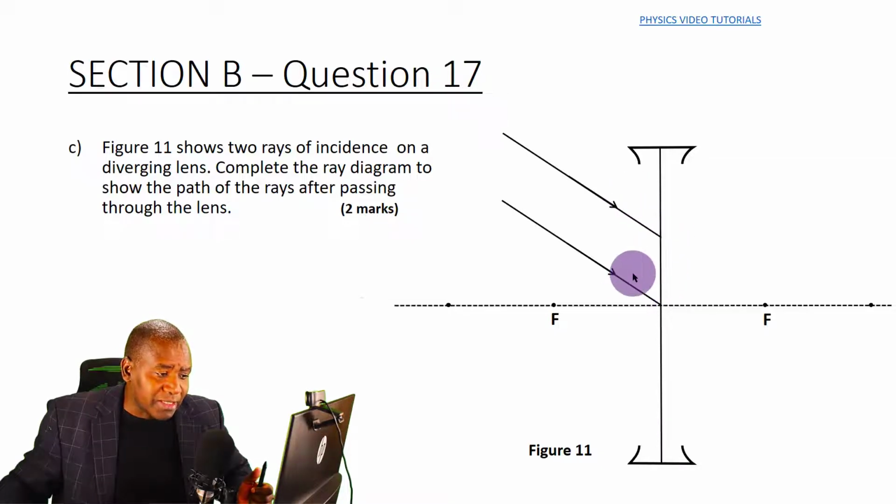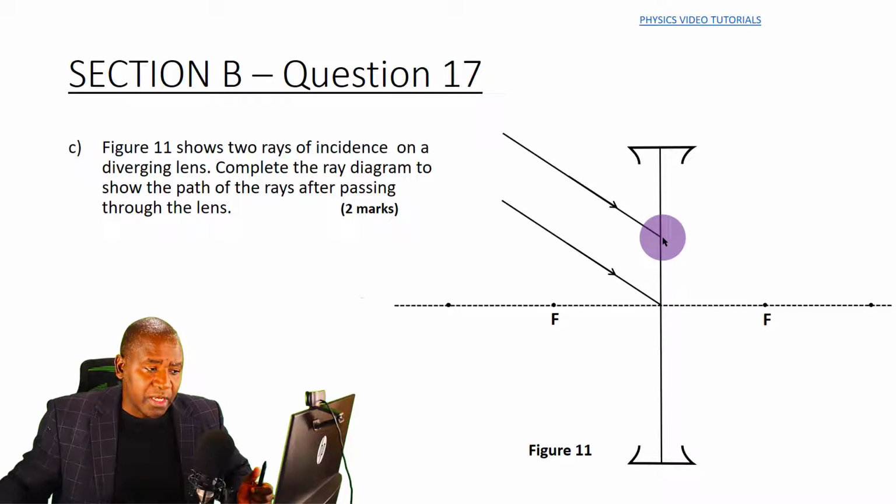First of all, let's agree that this one will pass on undeviated. It will not bend at all. It will just pass on straight. But this one, since it appears to pass through F, it will be refracted parallel to the principal axis.